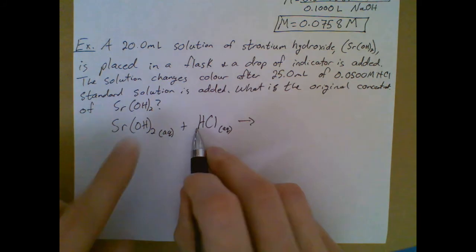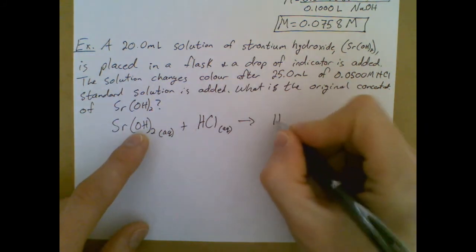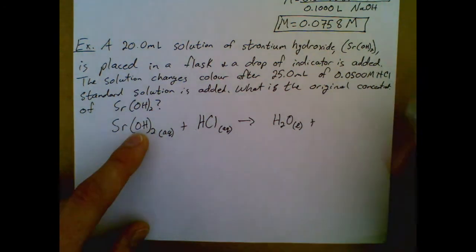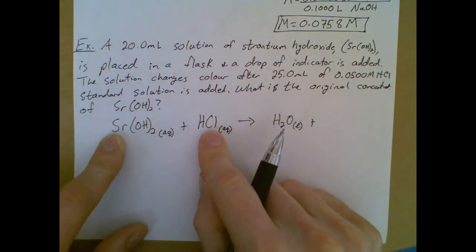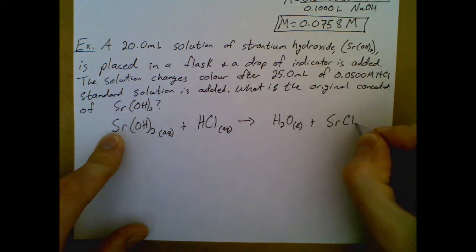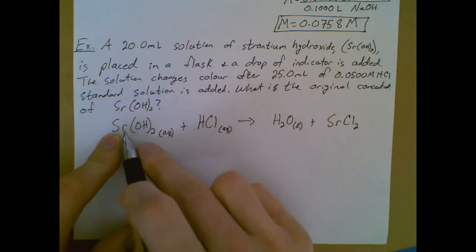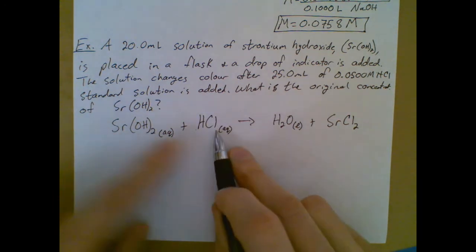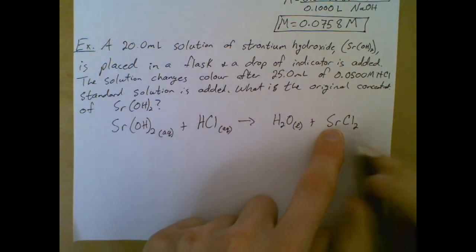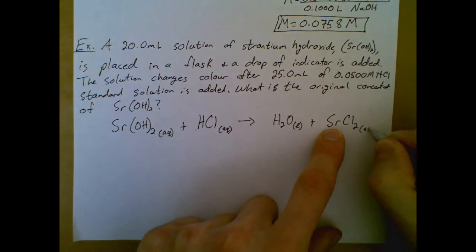Remember, H and OH are going to combine to make H2O as a liquid. The other thing is the salt, and it's going to be made out of the leftover ions. So it's going to be SrCl2. Sr has a positive 2 charge. Cl has a negative 1 charge. You need 2 Cl's to balance that positive 2 for the SrCl.